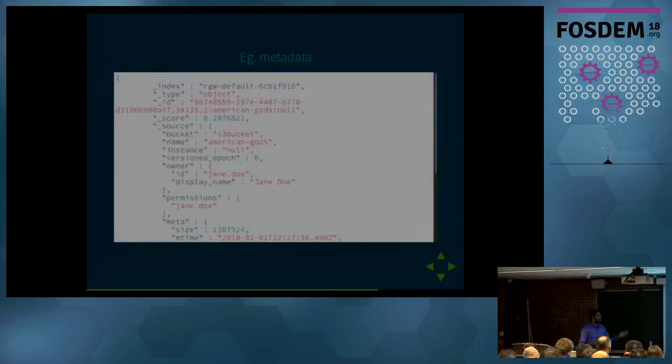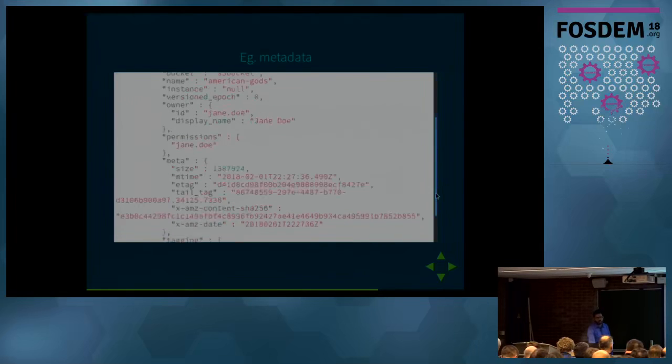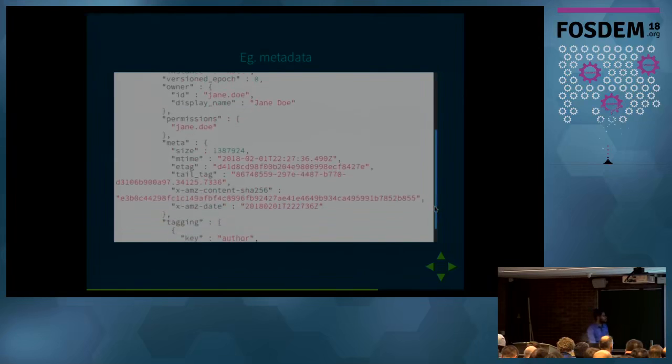This is an example JSON of the metadata we currently forward to Elasticsearch. You have the name of the bucket, the name of the object, your object versioning, and the owner attribute. You also have metadata which tells you about the size of the object and the time it was uploaded.